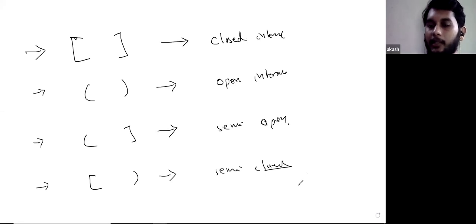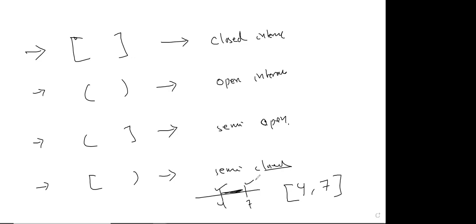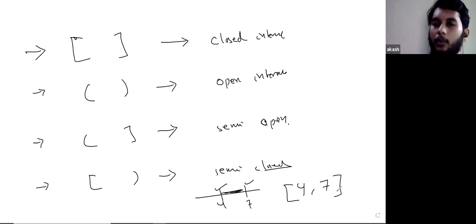If you write any two elements, 4 to 7, like this, then this will mean all the elements from 4 to 7 including 4 and 7. This thing is clear, yes. So if we have the answer as 4 to 7 all the numbers and 4 and 7 also, then we use closed interval.